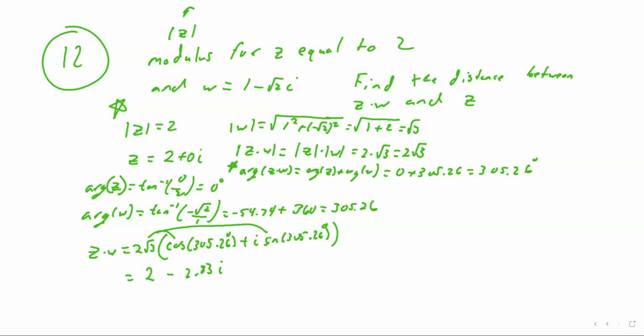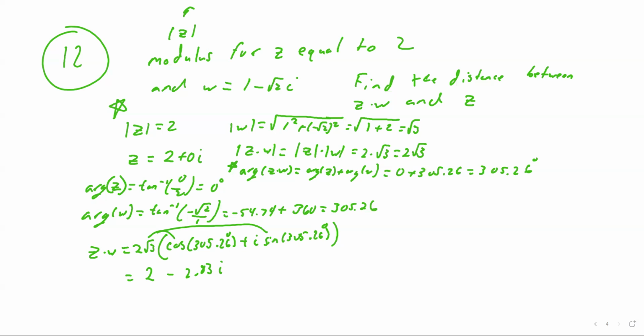So you did 2 square root of 3 times cosine of 305.26. One side at a time. No, you don't add it together. You write it like this because one's going to be a non-I, the other one's going to be an I.